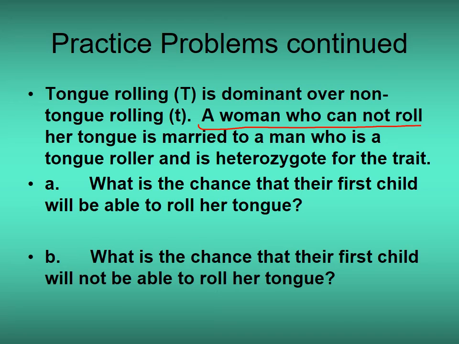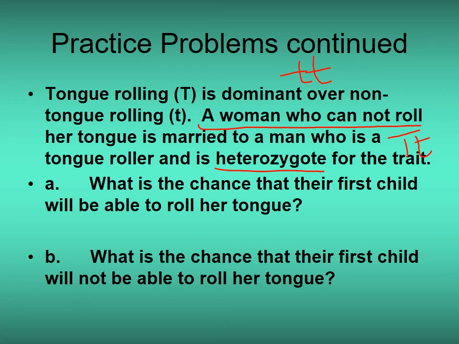So a woman who cannot roll her tongue is going to be little t, little t. It says she's married to a man who is a tongue roller but is heterozygous for the trait. Heterozygous means that you have one of each allele, so he's going to be big T, little t.